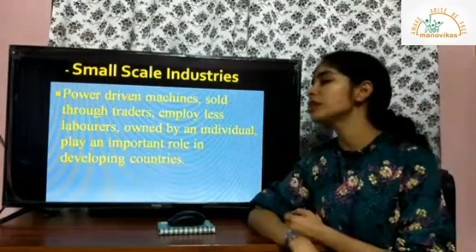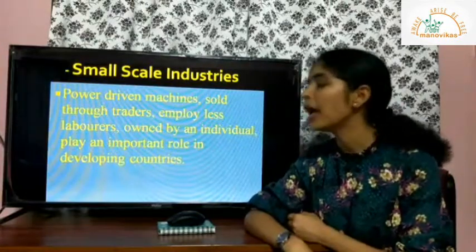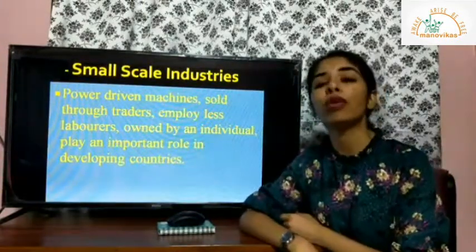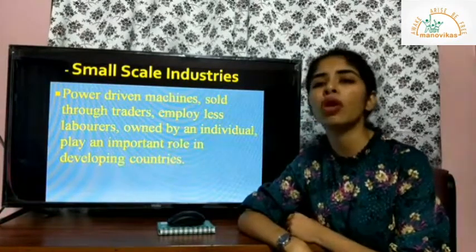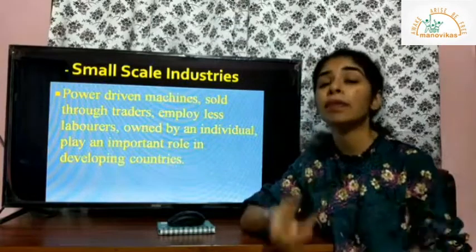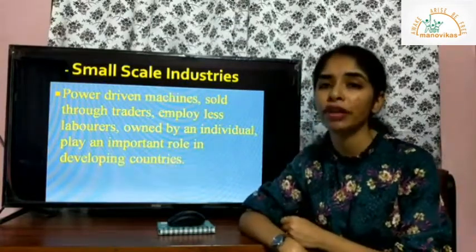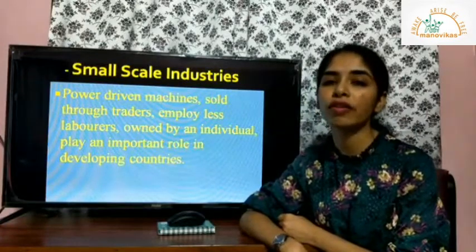And these industries are owned by an individual or a small group of people, and they play a very important role in the development of a country. Okay, because small scale industries, you'll find them everywhere, and they help in generating a huge amount of income, and that's why they help in the overall development of a country.